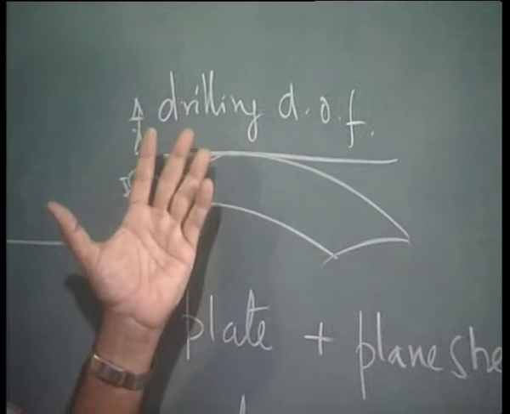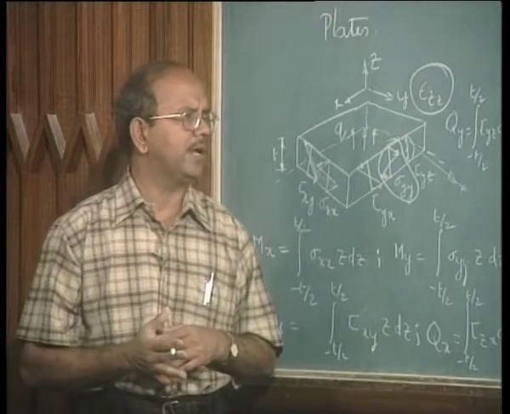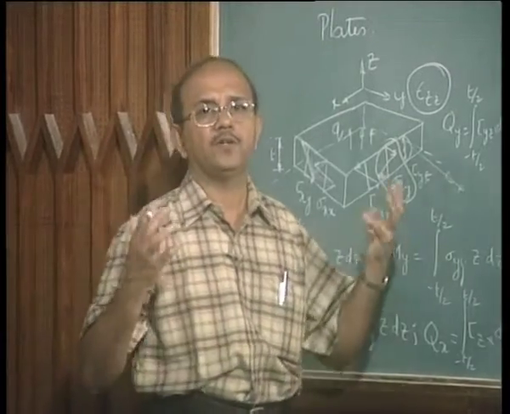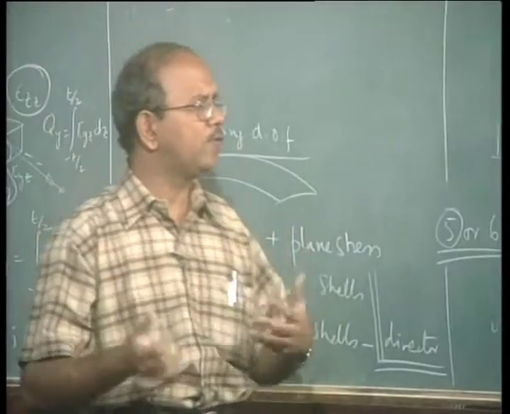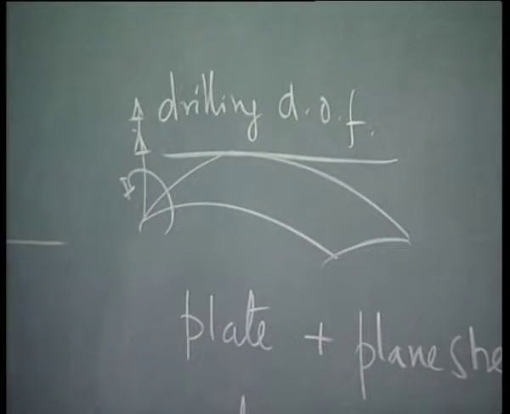Many softwares handle this by means of some pseudo approach, where they average out the stiffnesses in the other 2 degrees of freedom and put that in here. But this would vary, because it's impossible to cover this in this course: until about 2 to 3 years back, there were about 130 to 140 different formulations. So it's impossible to deal with it on a canvas like this. But when we use a software, it's important that you understand how exactly drilling degrees of freedom are dealt with.